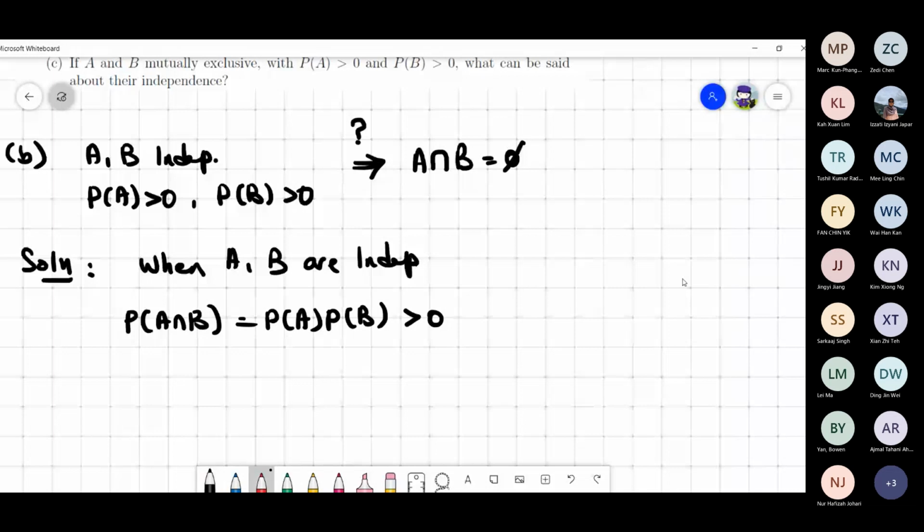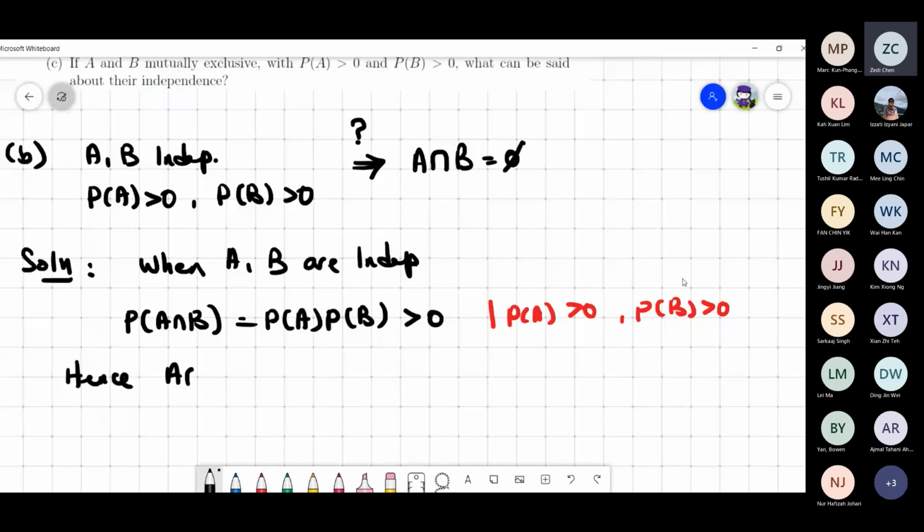This is simply because we have our hypothesis that P(A) and P(B) are positive. When P(A) and P(B) are positive, then this must be positive. So then we know that hence this cannot be the empty set, and so A and B cannot be mutually exclusive.